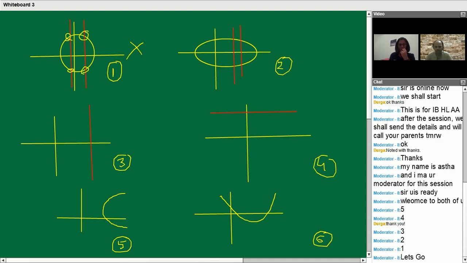And what about 3? It seems if you were to draw a vertical line on that line itself, wouldn't it intersect at different points? Okay.